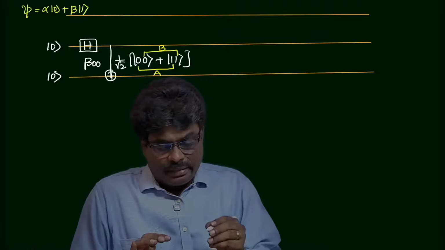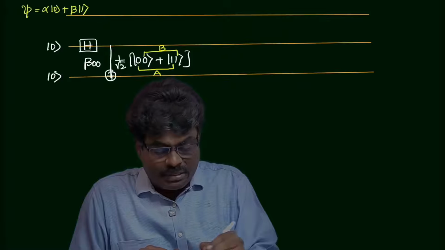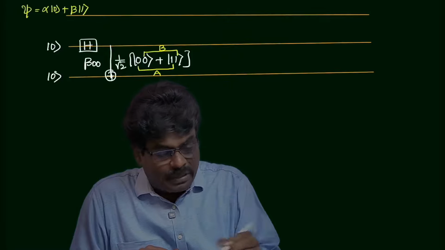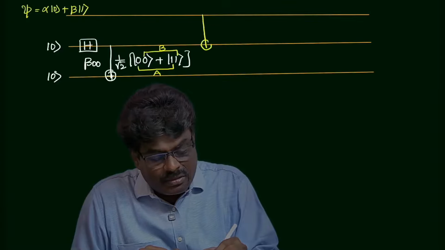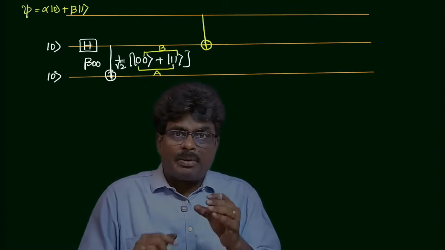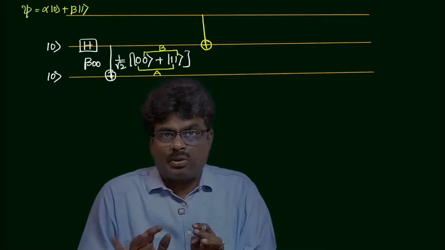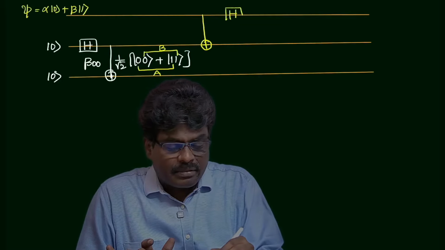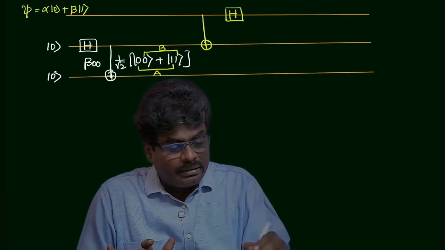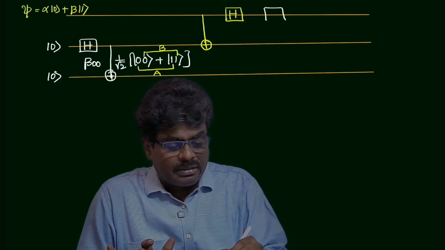So after that A will do some operations, that is the first CNOT operation. Here this is the CNOT operation on his first two qubits, and after that one Hadamard operation will be there. Then make a measurement.